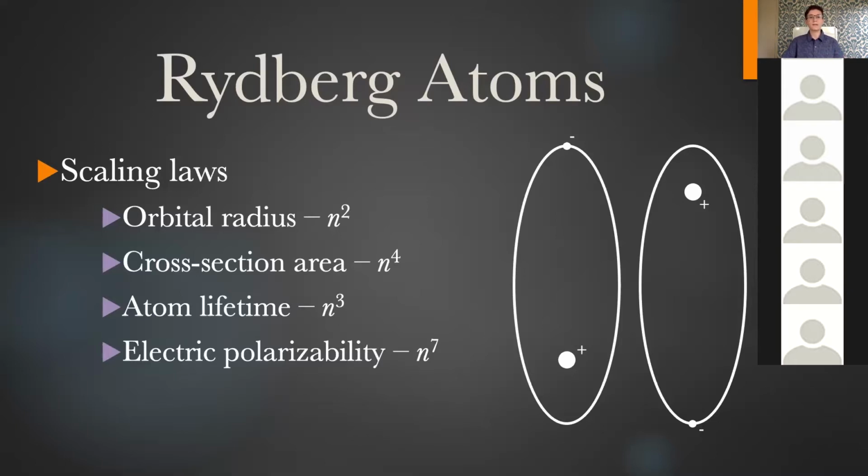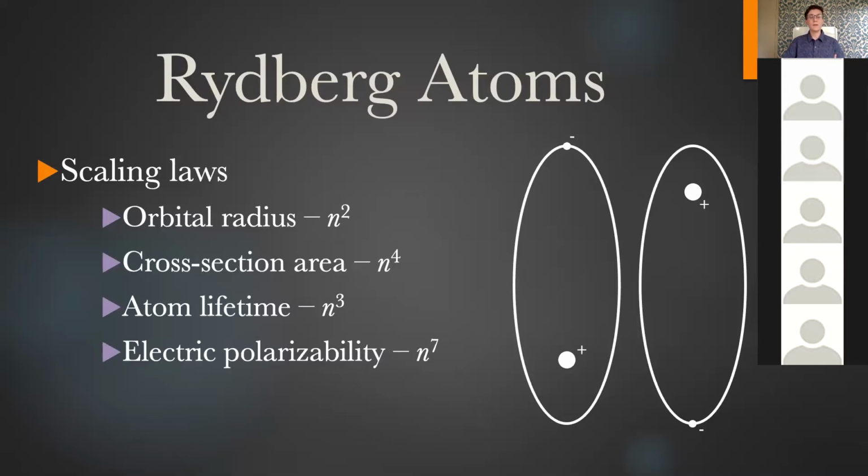A good way to think about this is that an atom excited up to the n equals 100 level has an orbital radius of about 0.5 microns. Viruses generally range from about 0.02 to 0.4 microns, which means that this single highly excited atom is larger than most viruses.